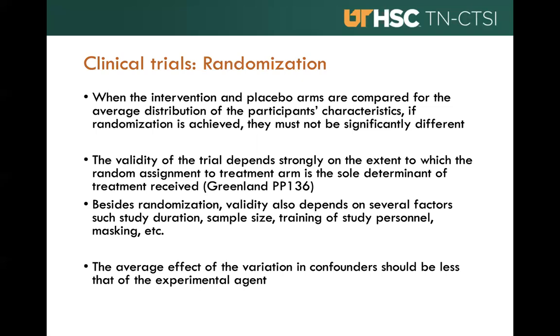If we can attribute the differences only to the treatment, then we can say the study has internal validity. So the validity of a trial depends strongly on the extent to which the random assignment to treatment arm is the only determinant of treatment received.